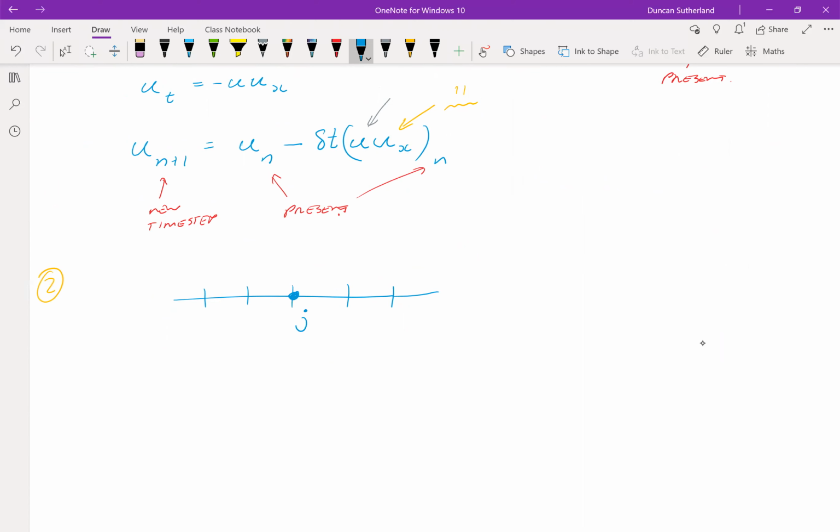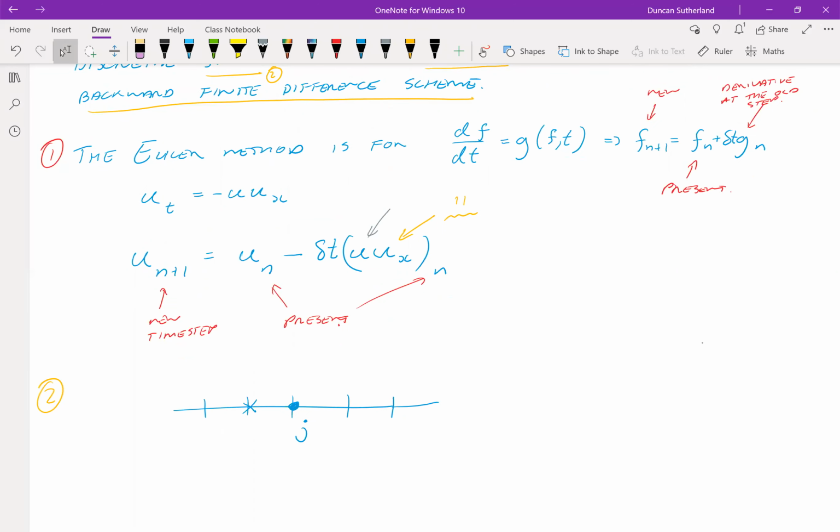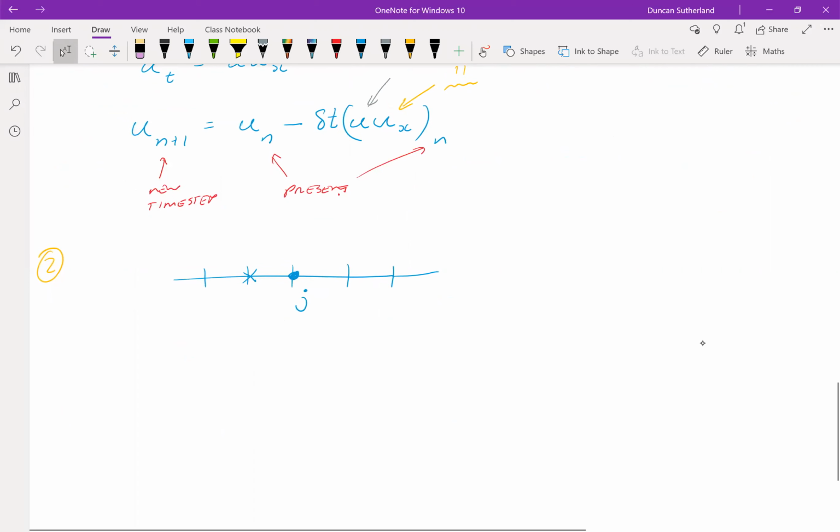We're at, say, point j, and we want to use data surrounding j, the jth point, to approximate the derivative at j. We're going to go backwards, right? Because that's what the question asks for. We're told to use a backwards scheme. So we're going to use information from j minus 1, right?